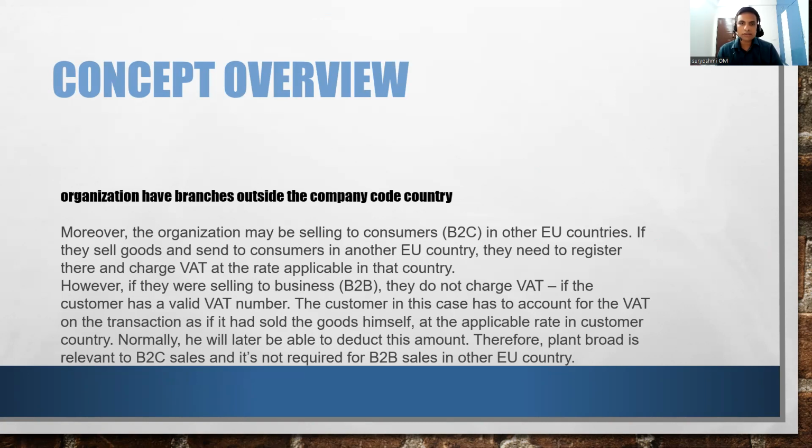Simply, I can say that suppose you have a company code in one country, any one of the European countries, say France or Slovakia or Belgium, any country you take. The company code is holding its domestic plant.